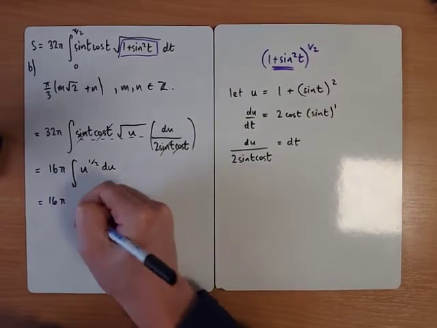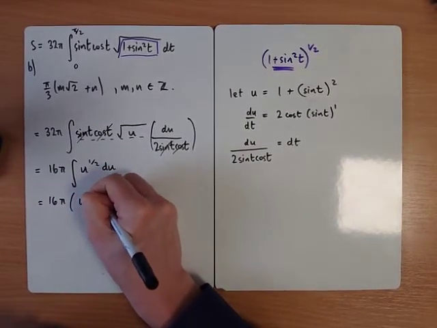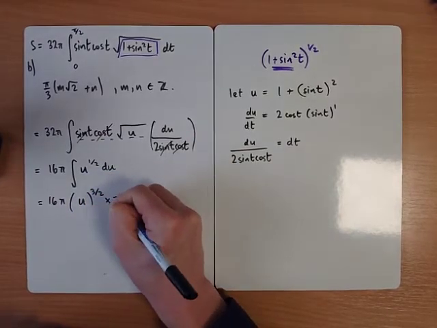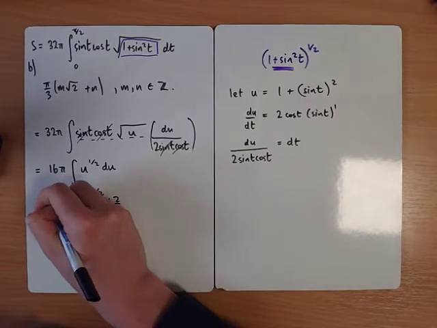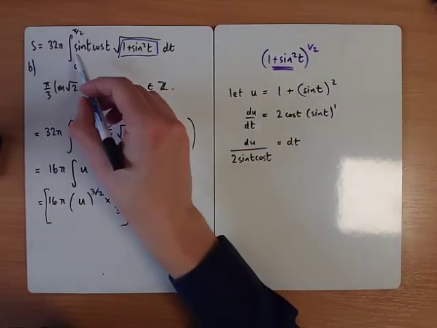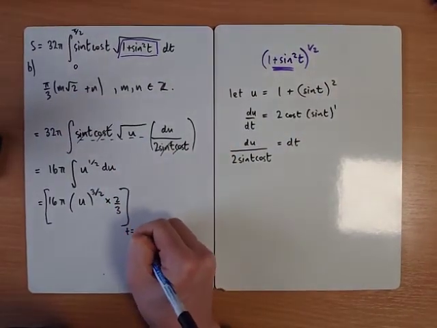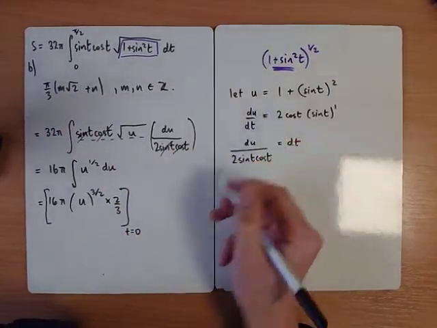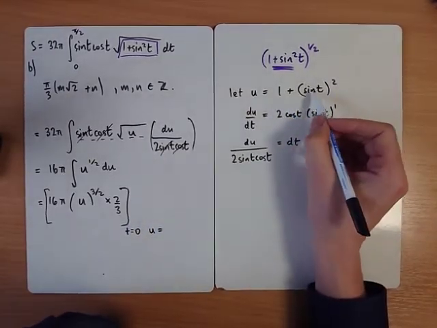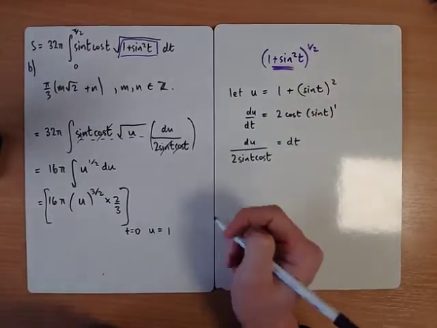Okay, we've got 16 pi, add 1 to the power, dividing by this, so let's multiply by 2/3. And we've got limits, which are t values. When t equals 0, u would equal, go back to this, sine of 0 is just 0, so u would equal 1.